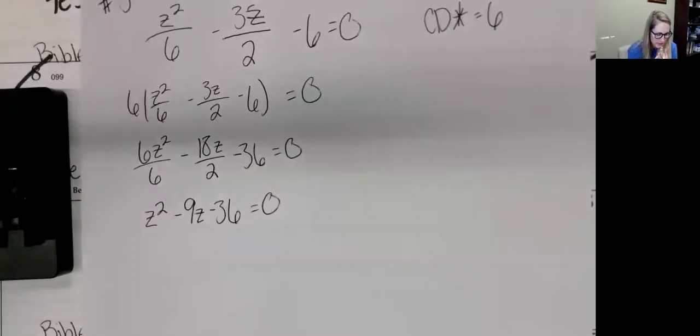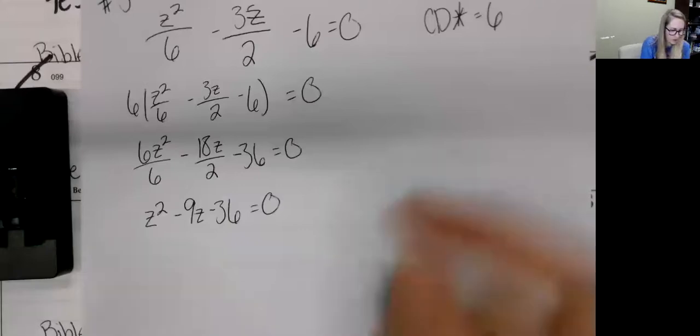Factors of 36 that subtract to get 9 would be 12 and 3.